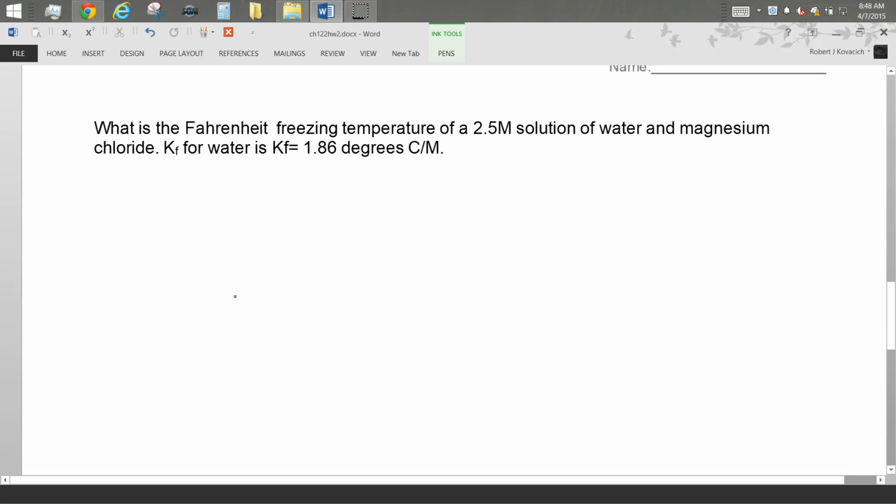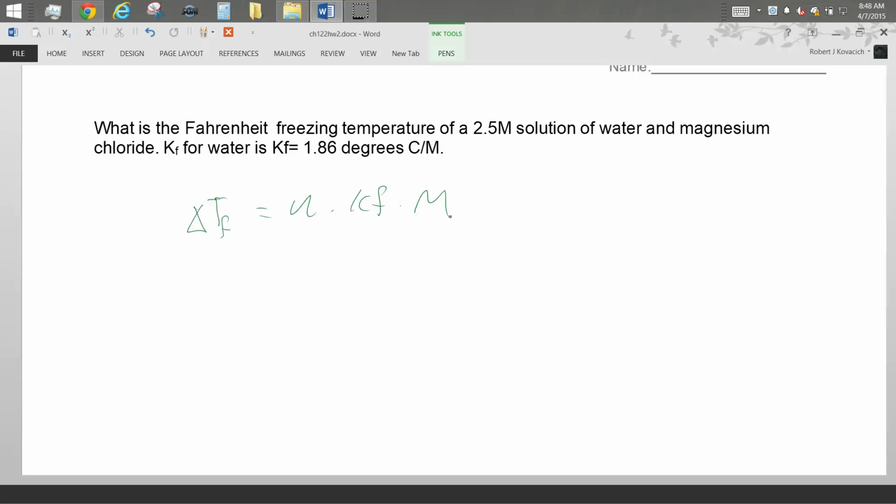All right, so what's the Fahrenheit freezing temperature of a 2.5 molar magnesium chloride solution? All right, so our equation is the change in the temperature of the freezing is equal to the N times the Kf times the molarity. And so I've got, this is magnesium chloride, so what's my N value going to be? 3.